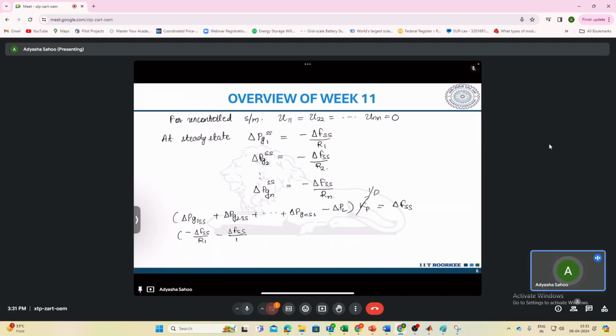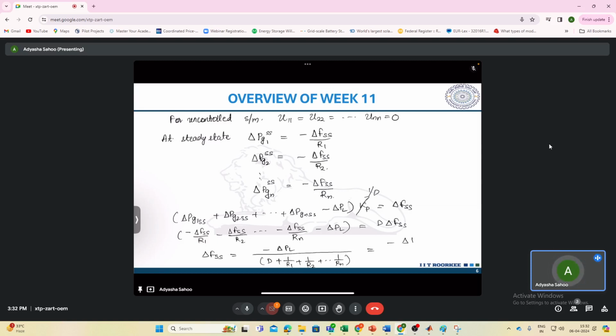So delta Fss by R2 minus delta Fss by Rn minus PL equal to D times delta Fss. So from here you can get delta Fss as minus PL divided by all these coefficients of delta Fss, that is D plus 1 by R1 plus 1 by R2 up to 1 by Rn.